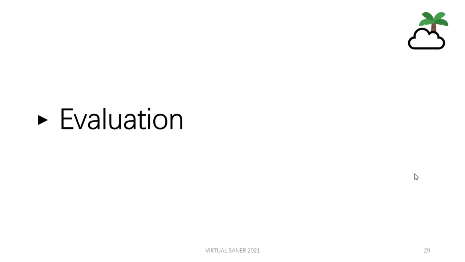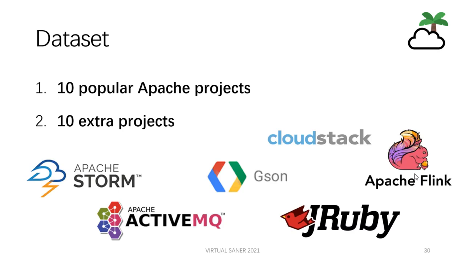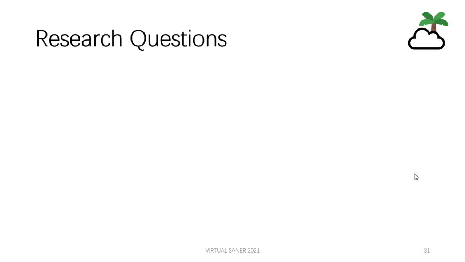To evaluate Theta, we collect our datasets. They consist of 10 popular Apache projects and 10 extra projects. All these projects are written in the Java language. Our evaluation answers the following research questions.